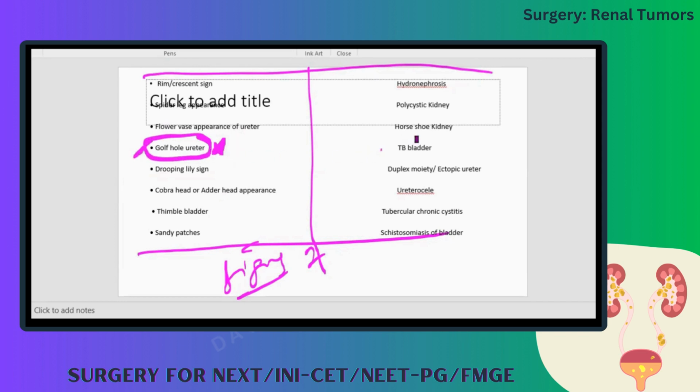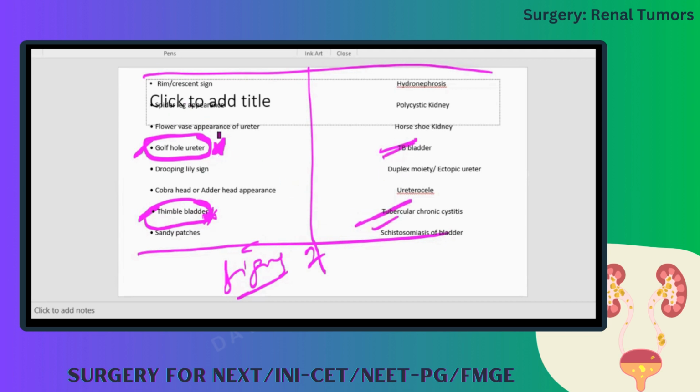GUTB, very good. TB bladder. Thimble bladder, you know this also. Where is thimble bladder seen? In bladder. Sorry, GUTB. Same, GUTB.